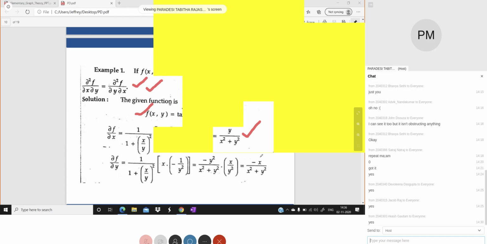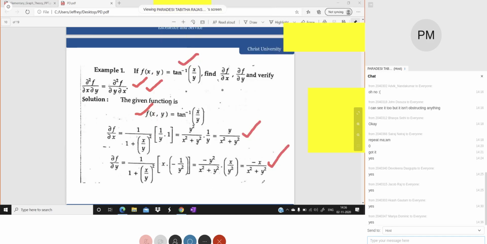Repeat if you haven't got it. This is right. What about fy? Do the same thing. This time you differentiate with respect to y, simplify, and see whether you're getting this answer.